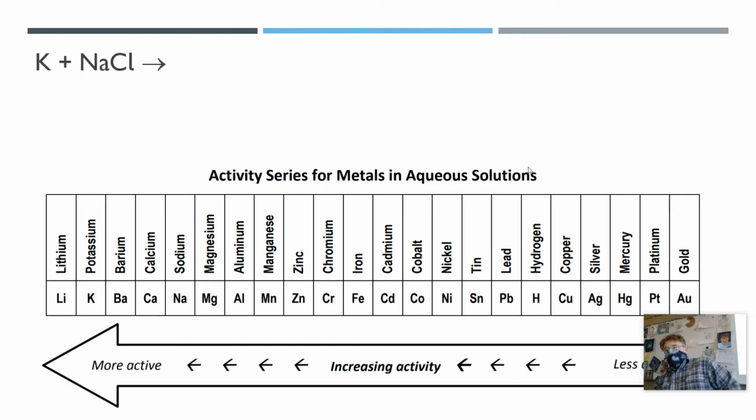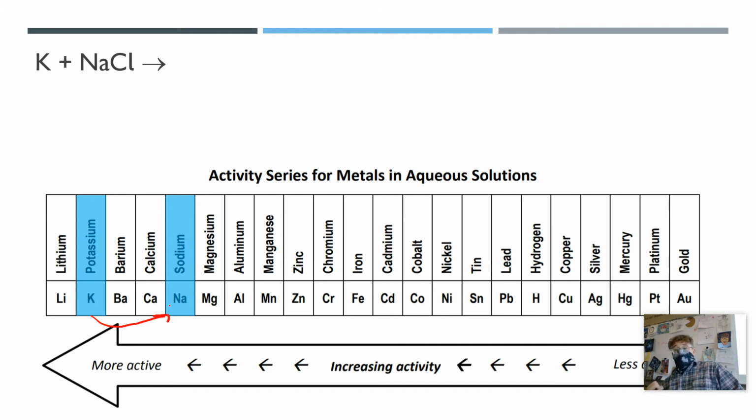So what does that look like? Well, if potassium wants to displace sodium from sodium chloride, we ask ourselves, will that work? So what we do is we find sodium and potassium in this pecking order, and we say, based on where they're at, can potassium kick out sodium?